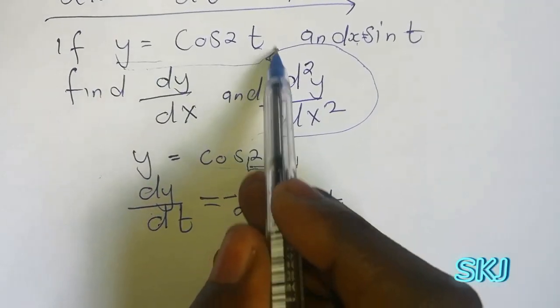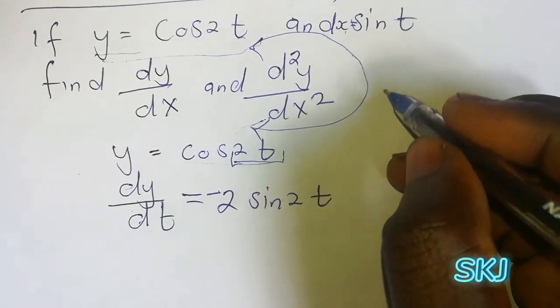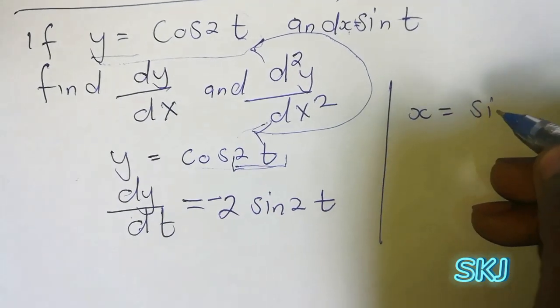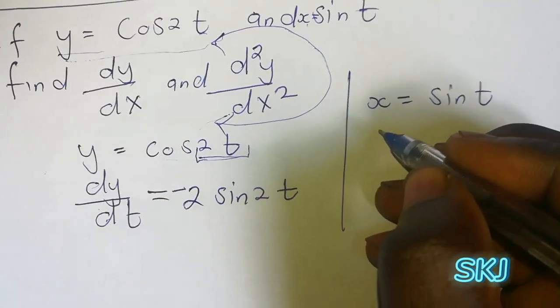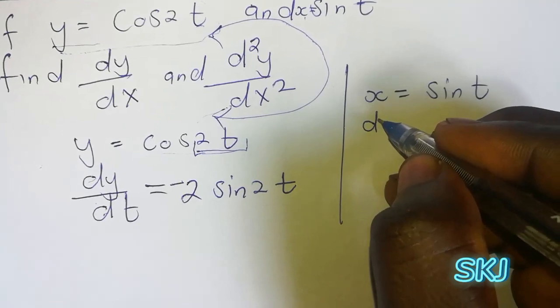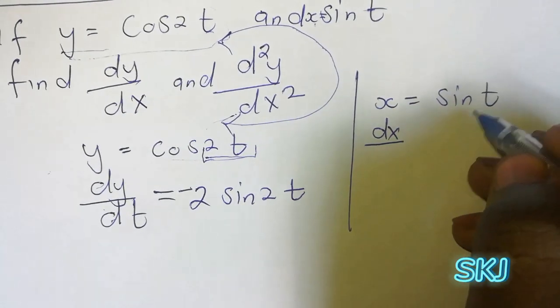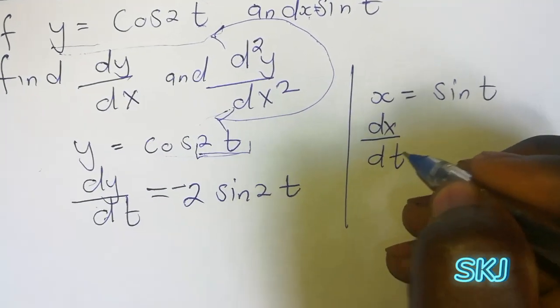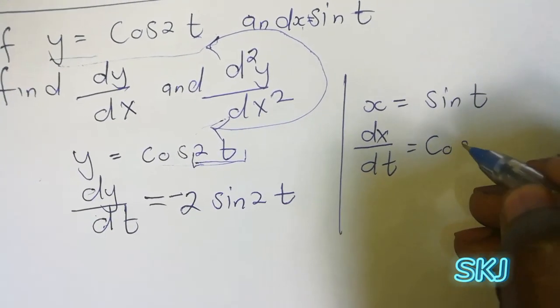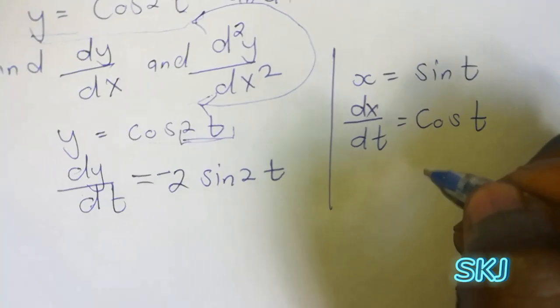We are done with this. Then let us also differentiate x equals sine t. Same procedure: dx/dt equals, if you differentiate sine, you simply get cos t.